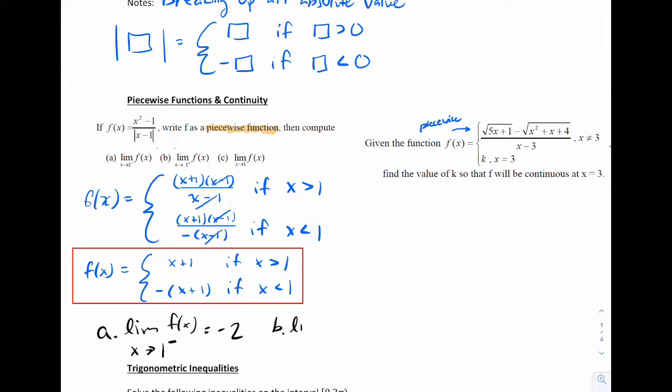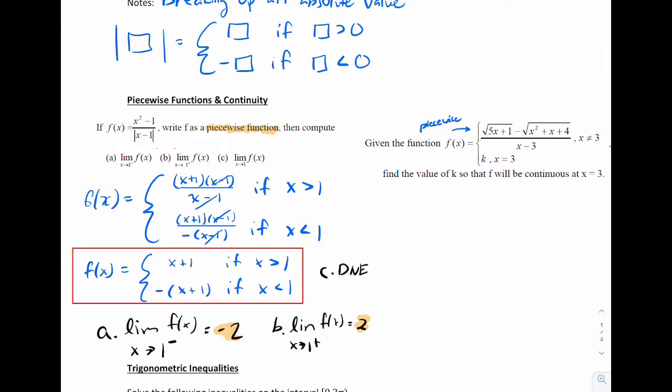B, the limit of f of x as x approaches 1 from the right. So that means 1 from the right means what if x is bigger than 1? So plug in 1 right there. You get 2. And part C, limit from both directions. Well, notice how these two numbers do not match. So the limit does not exist.